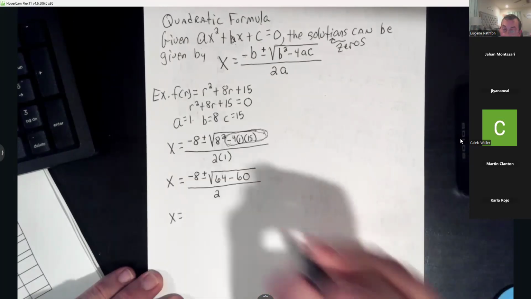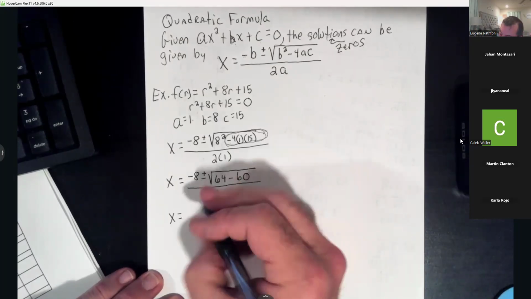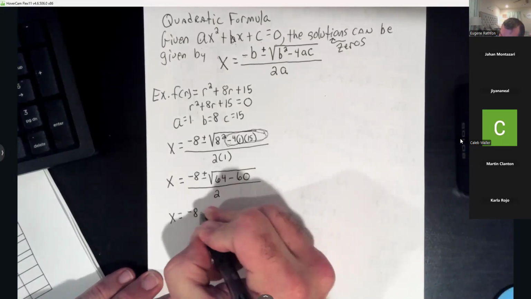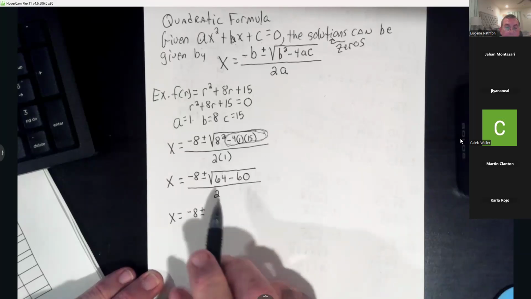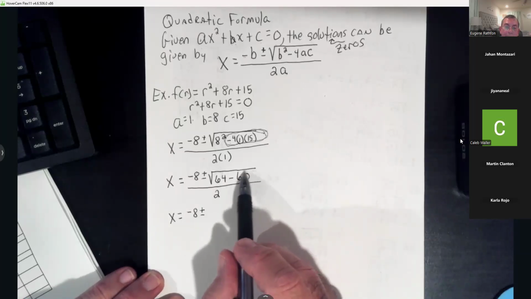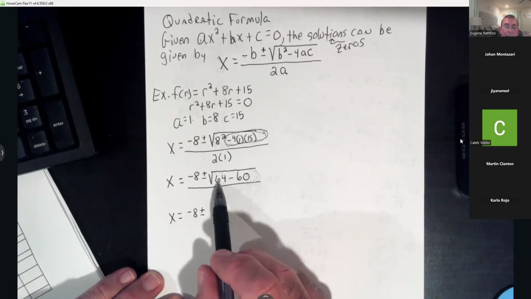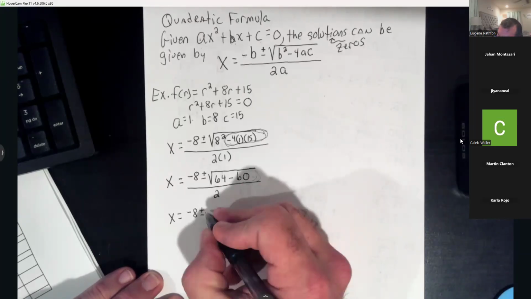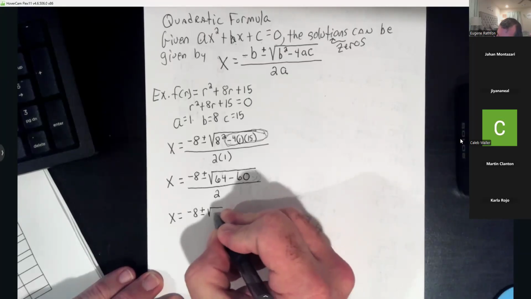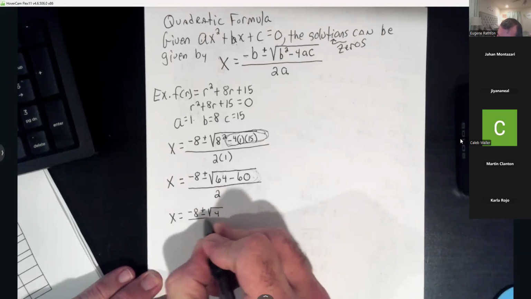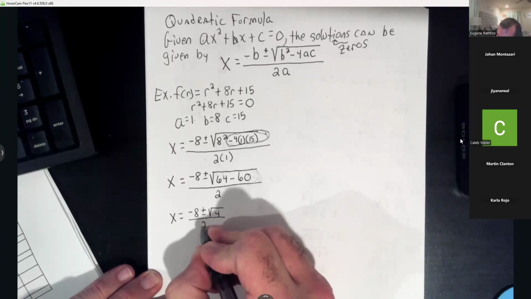All right, we're continuing on. We got this -8 plus or minus. Y'all, the only thing I can do on this step is do that subtraction. 64 minus 60 will leave me a 4 up under that square root, all over 2.